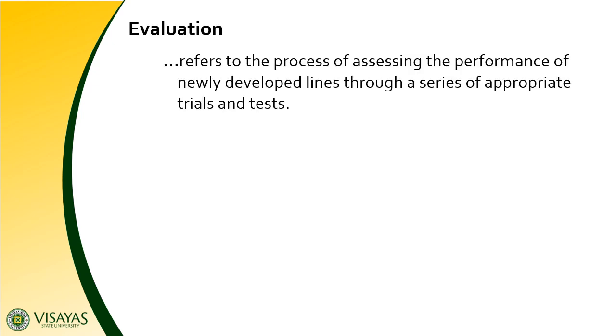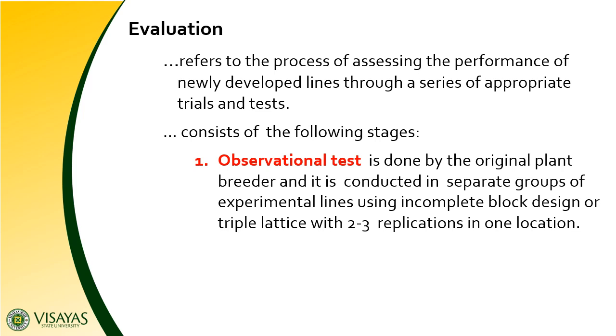After discussing all the selection methods, now let's proceed to the next step, which is evaluation. This refers to the process of assessing the performance of newly developed lines through a series of appropriate trials and tests. So this consists of the following stages. First, you have the observational test.